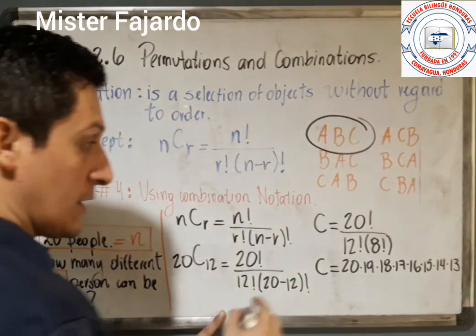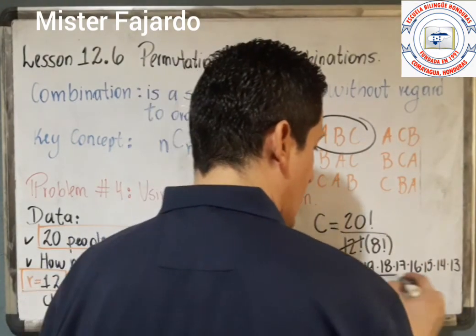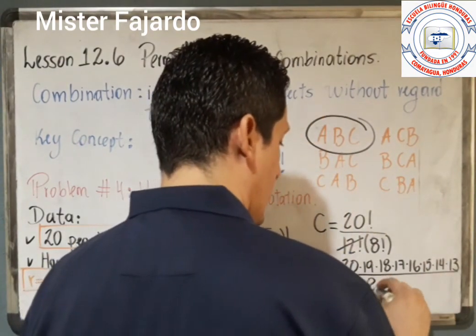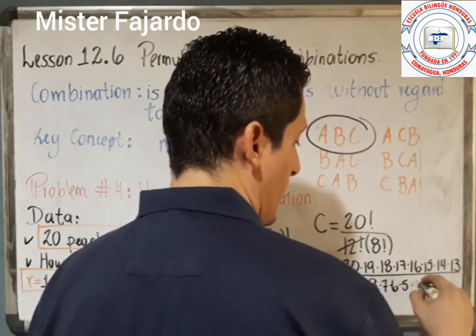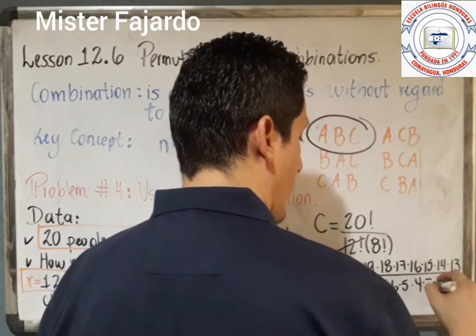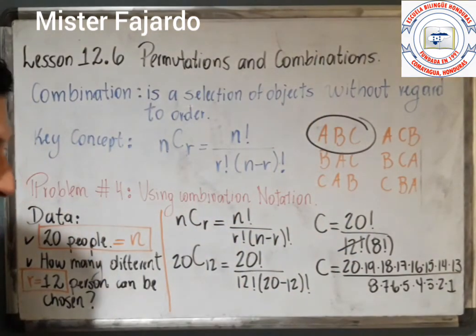That's all that you're going to have because you're going to eliminate the rest. And you're going to have also here 8 times 7 times 6 times 5 times 4 times 3 times 2 times 1, okay?